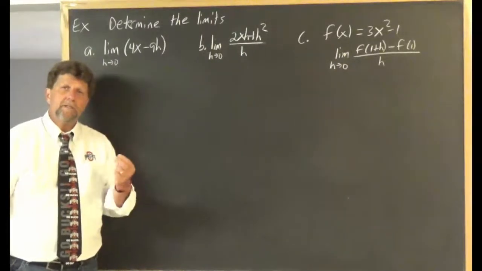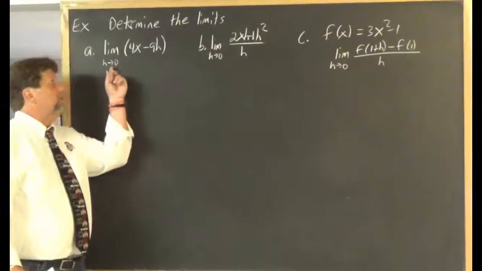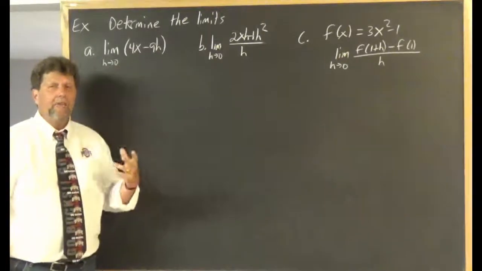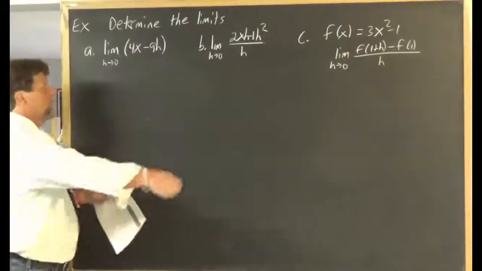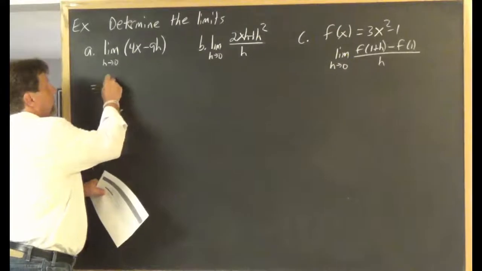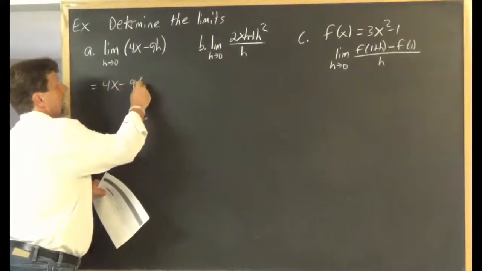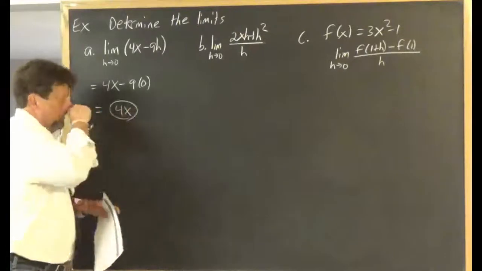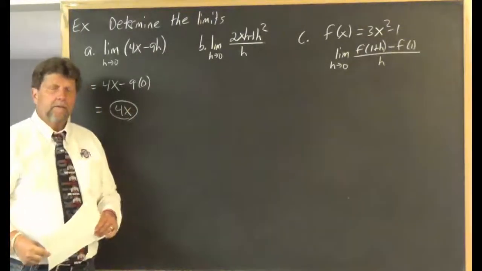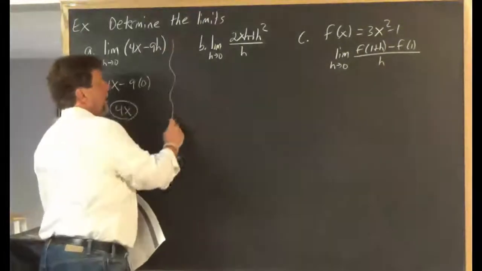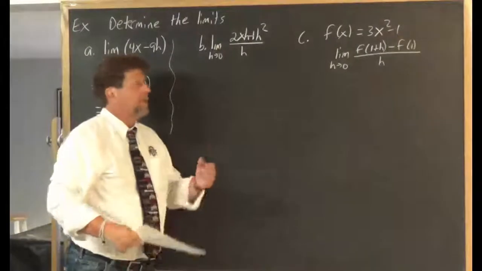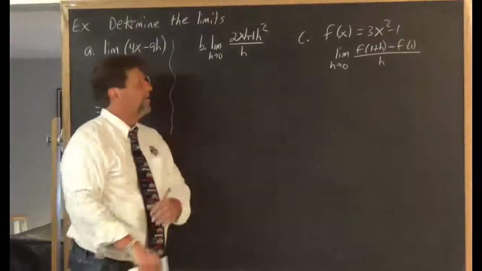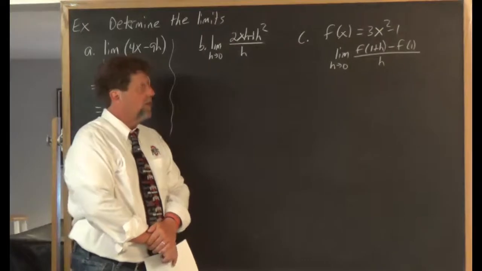You try substitution. You're substituting 0 for the h. You get 4x minus 9 times 0. That limit is 4x.